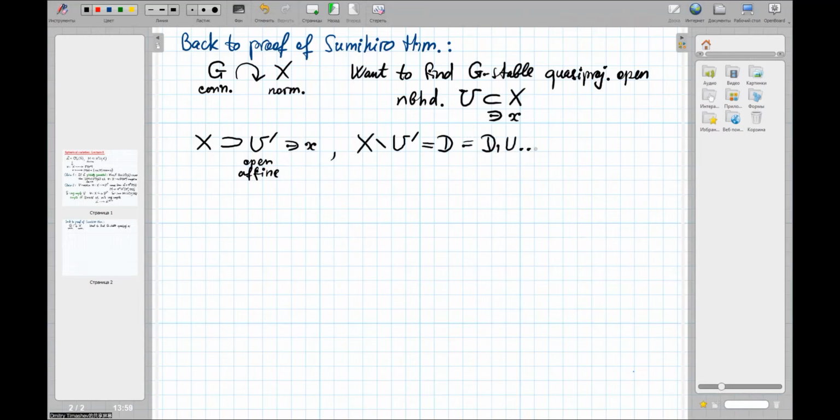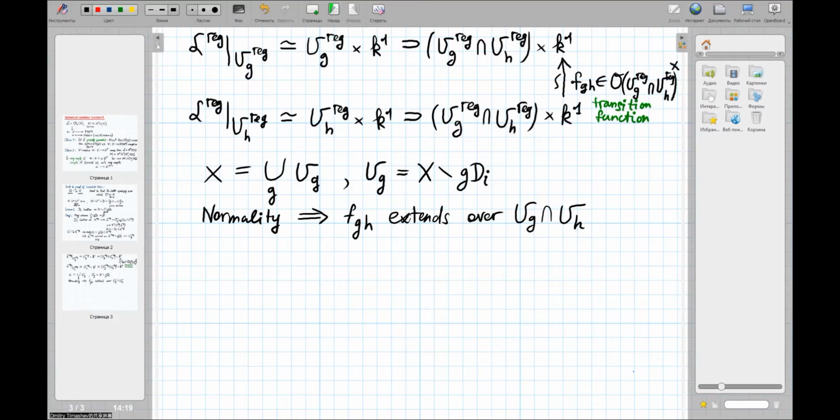And since this function f sub jh was invertible, had neither zeros nor poles on the smooth locus of this intersection, then this function is also invertible. So this function f sub jh is an invertible function on this open subset U sub g intersect with U sub h.